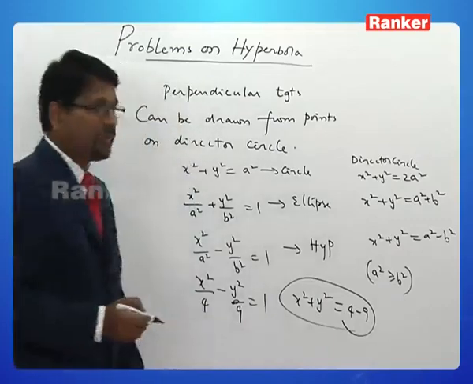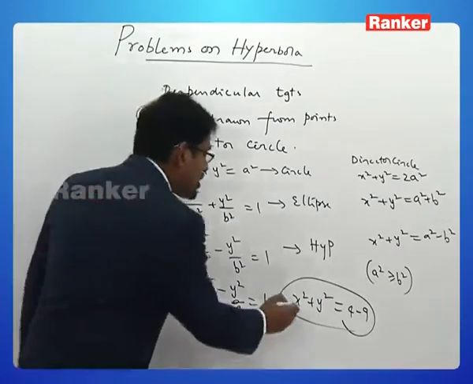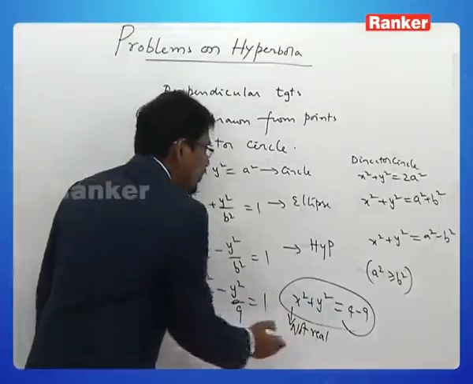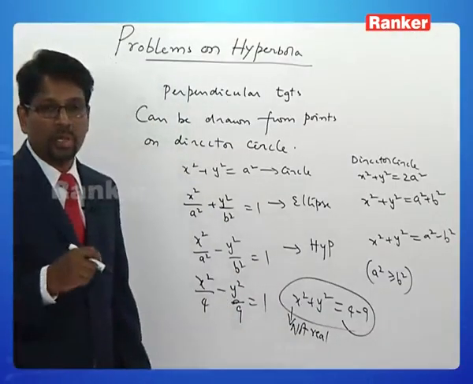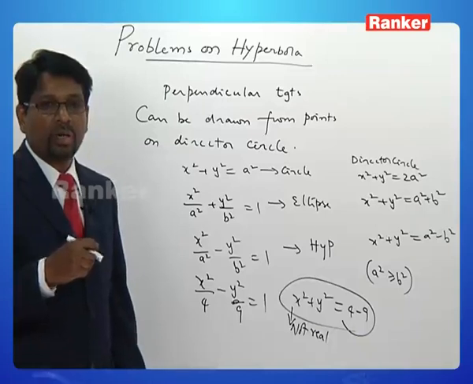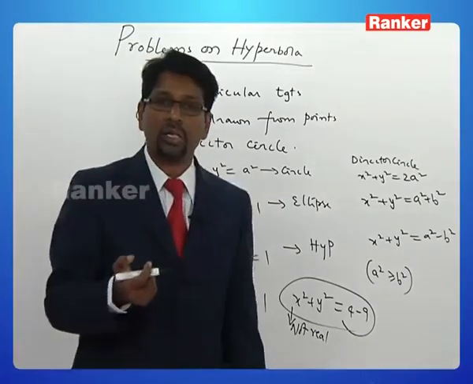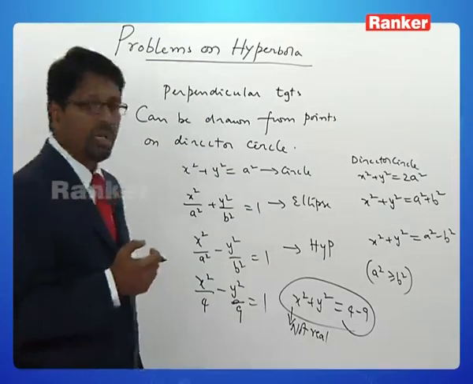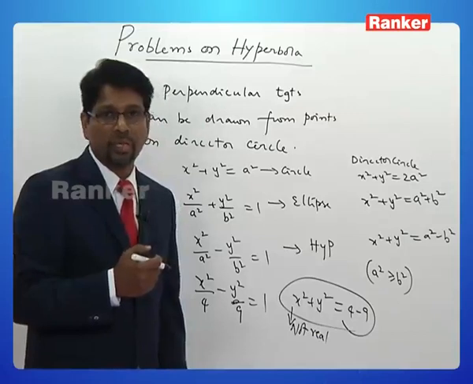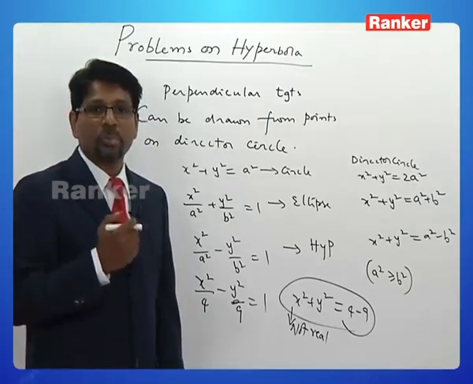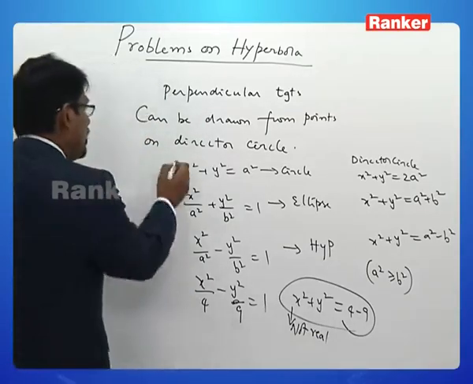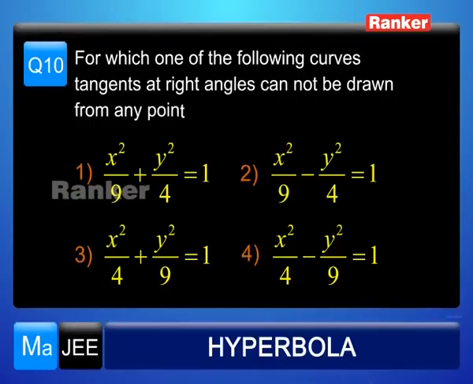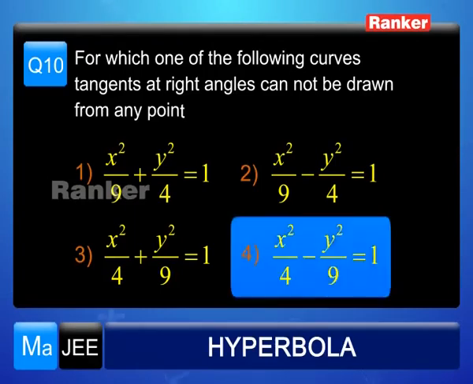This is not a real circle. Hence we will not be able to draw perpendicular tangents, or there will not be a director circle for the hyperbola x square by 4 minus y square by 9 is equal to 1. So option 4 is the right option, because for that curve we will not be able to draw perpendicular tangents from any point.